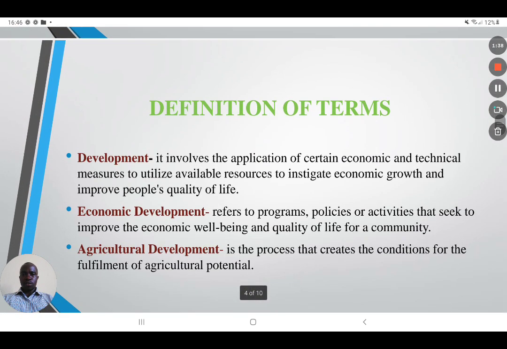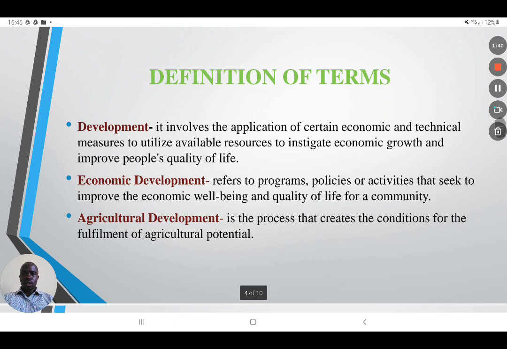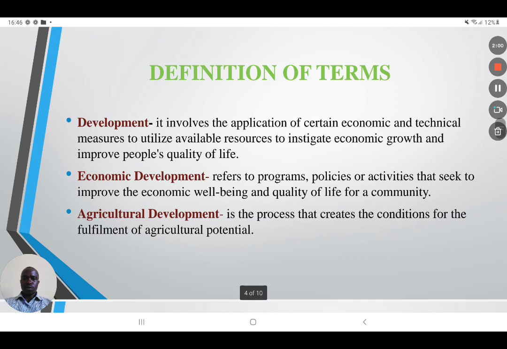So, definition of terms. We are going to look at development. What is development in your own opinion? Okay, so development involves the application of certain economic and technical measures to utilize available resources to instigate economic growth and improve people's quality of life.